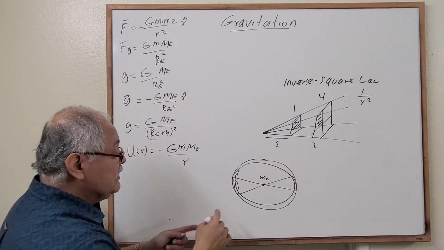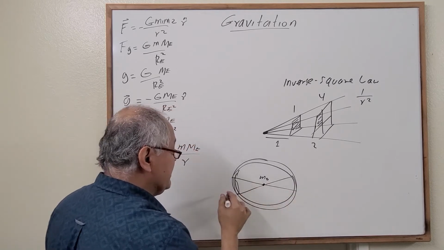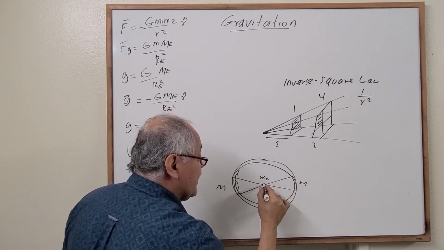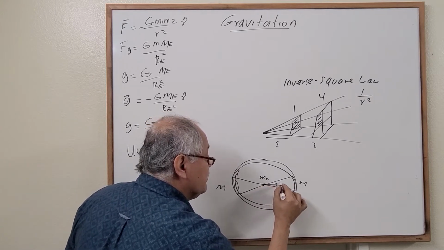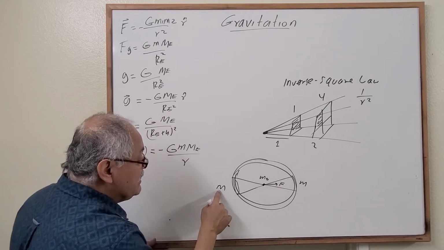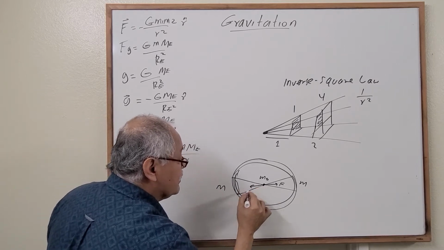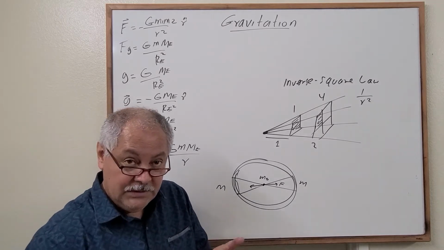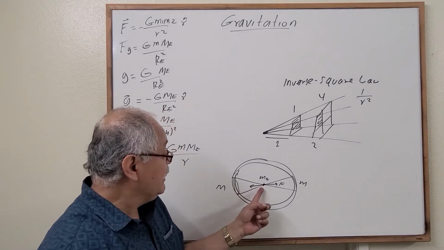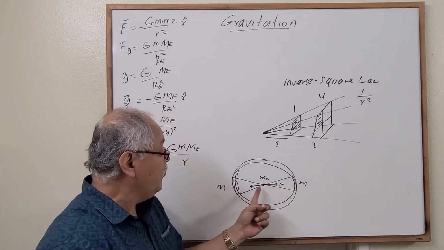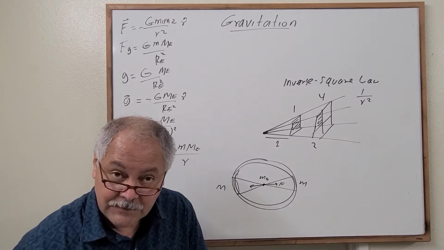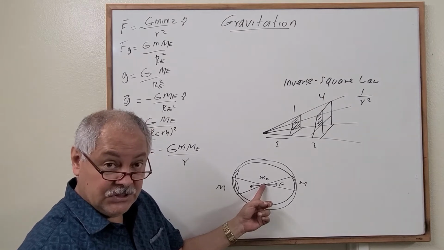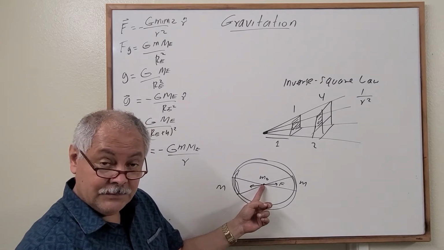Correct? Because they are the same distance and the masses are the same. This is m and this is m. This mass is acting on this one with this force, and this mass is acting on this mass with this force. Because the distance is the same and we're dealing with the same masses, the forces are the same but in opposite directions, correct? So the net force inside of this spherical shell is 0, correct?